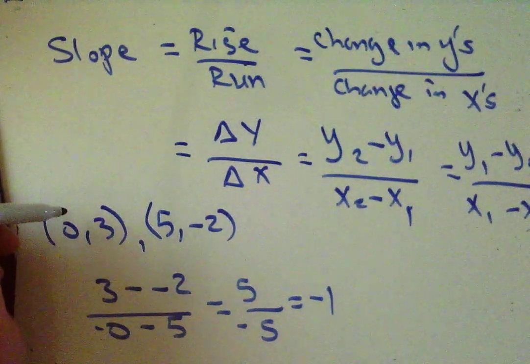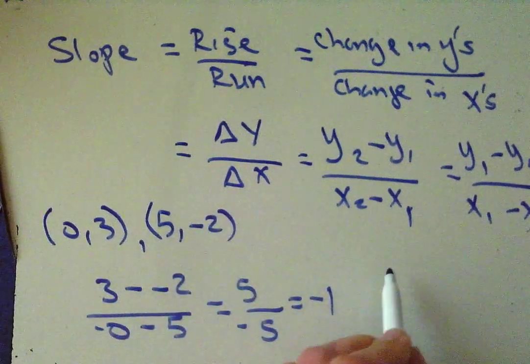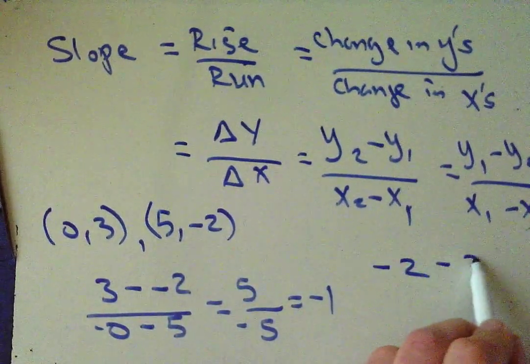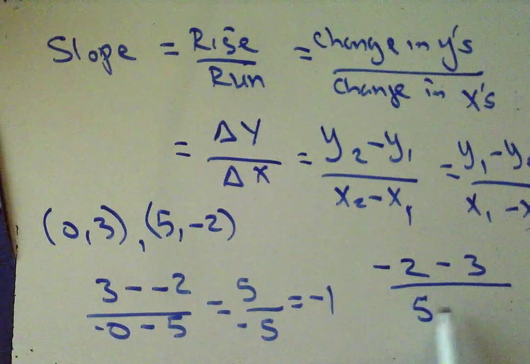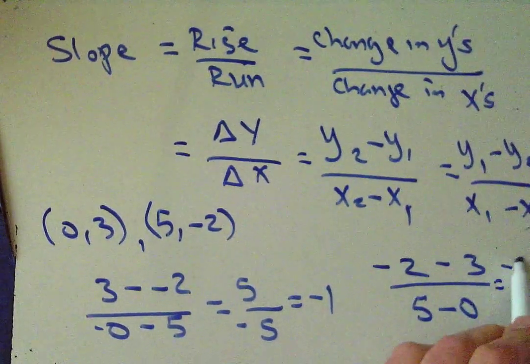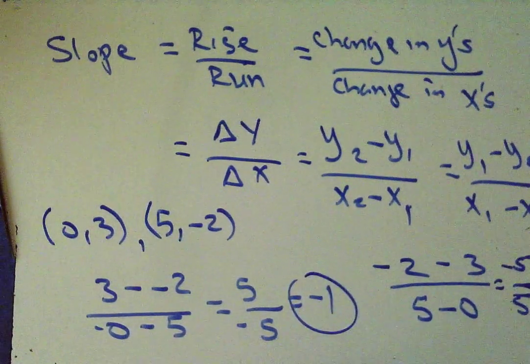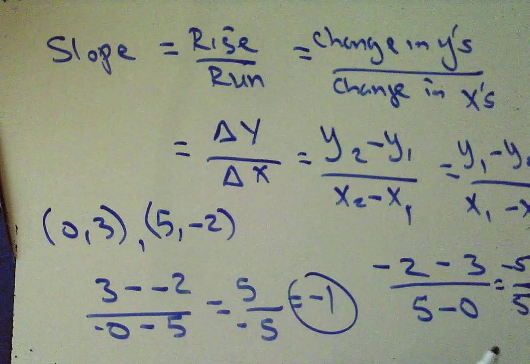Notice I made this ordered pair go first. Well, let's do it the other way. Let's do negative 2 minus 3 over 5 minus 0. And look, when I do it this way, I get negative 5 over 5, which is still negative 1. We get the same slope either way.